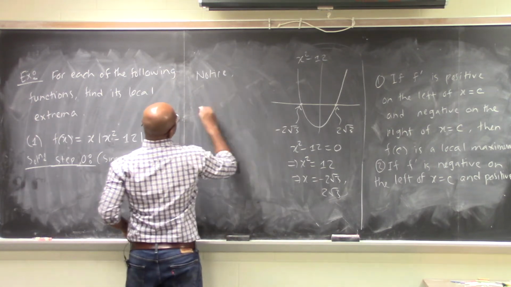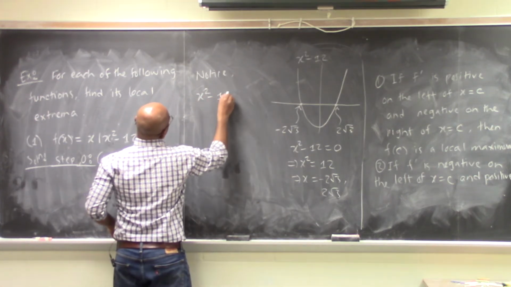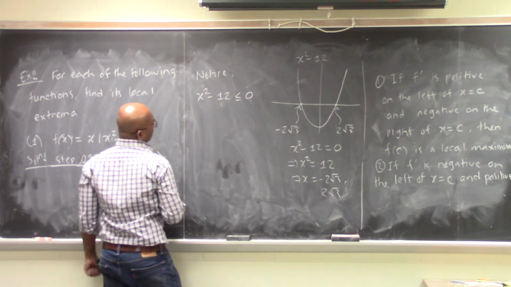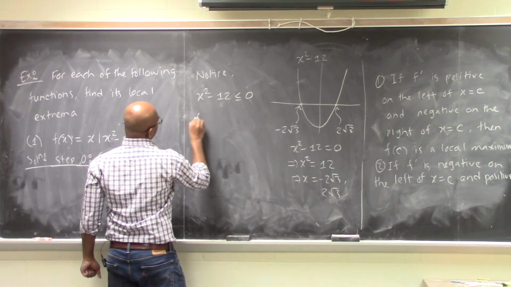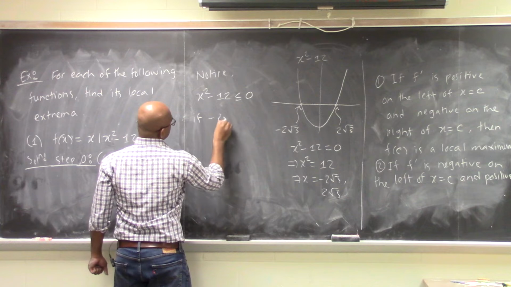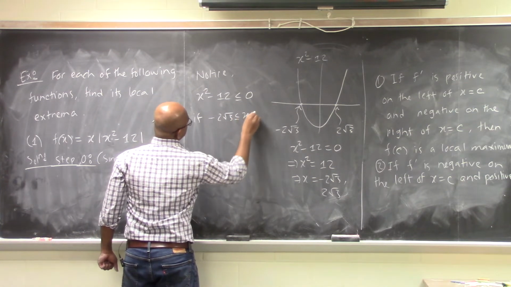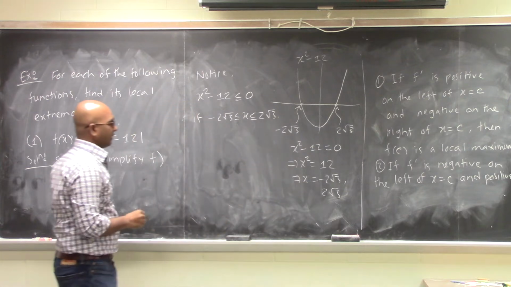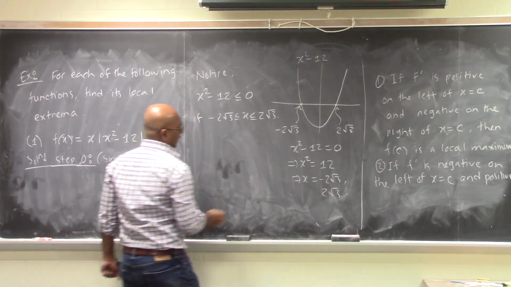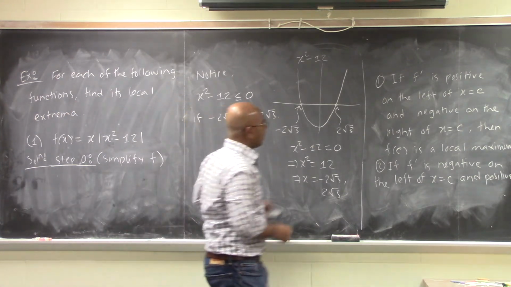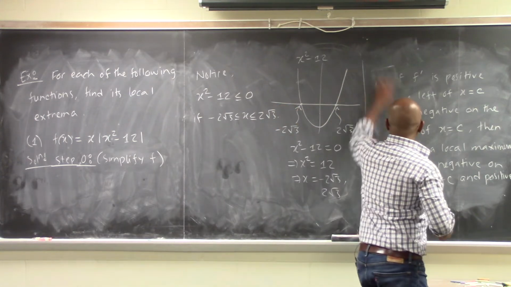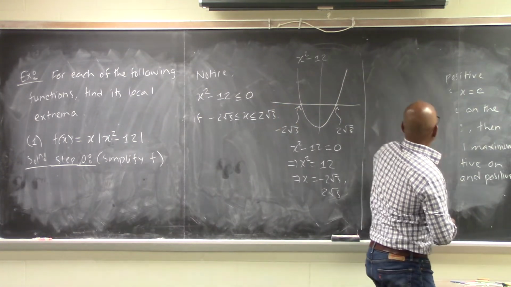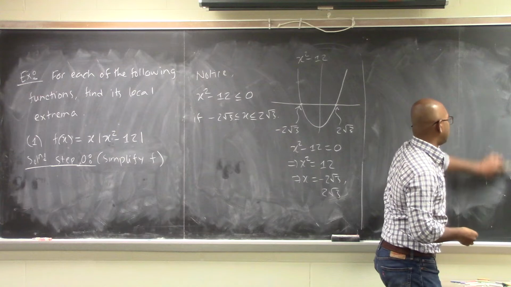Notice x squared minus 12 is less than or equal to 0 if x is between negative 2 square root of 3 and positive 2 square root of 3. Okay, hence we can write this function as this.